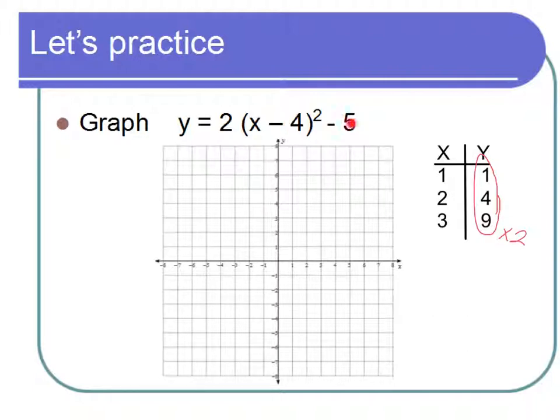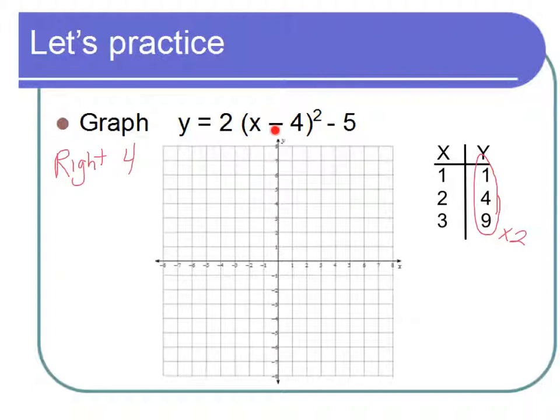These two values affect my vertex. It shifts me left and right, up and down. Now the vertex on the parent graph is at the origin. So we're always going to be taking that origin point, that vertex point, and moving it around. The first thing I'm going to do is take my vertex and move it right 4.